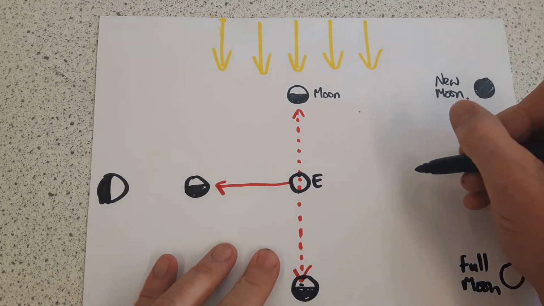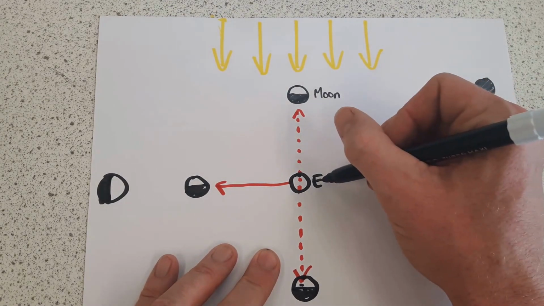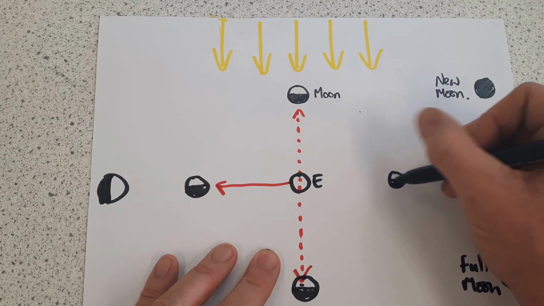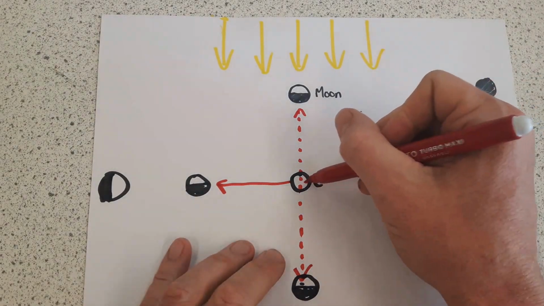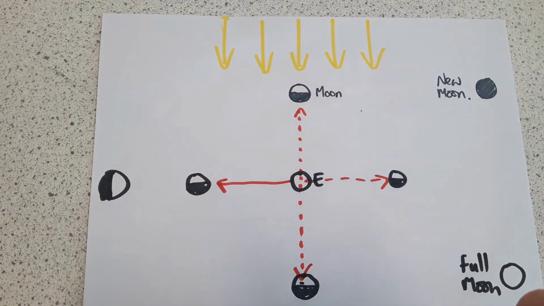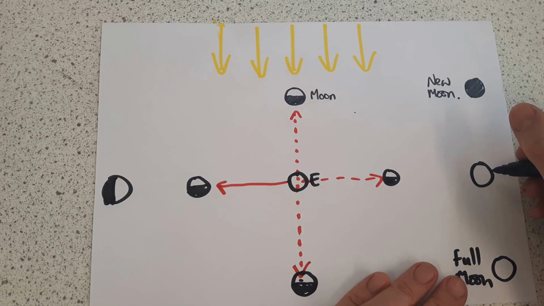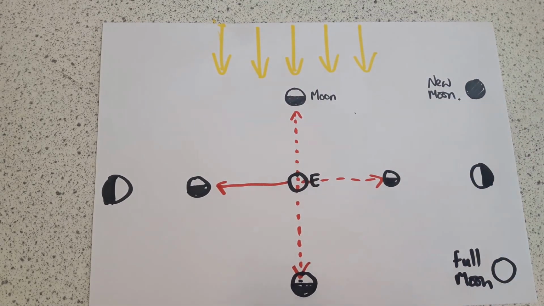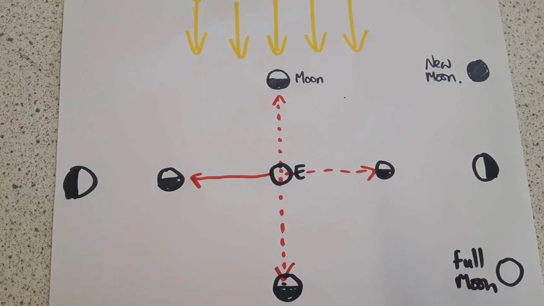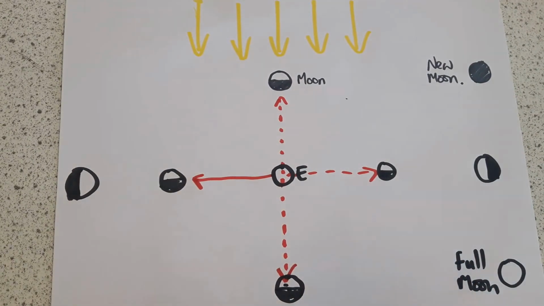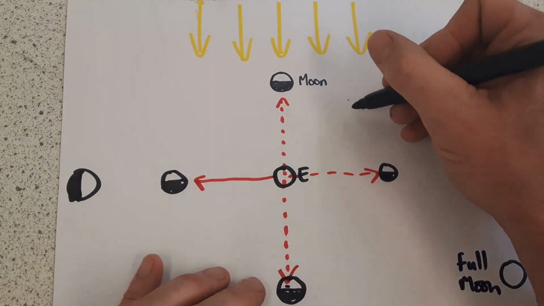And then again, on this part of the cycle, this half is in shadow. Looking towards the moon, you'll see that the moon will now appear with the right side as shadow and the left side as lit.